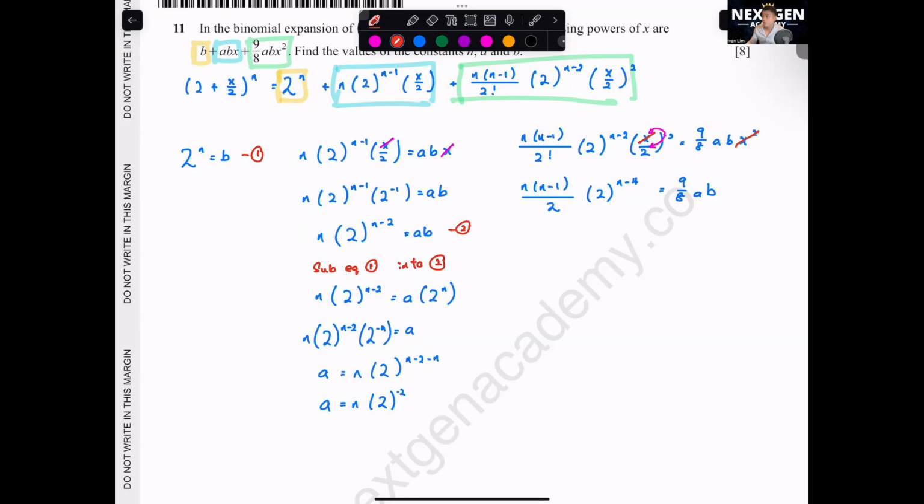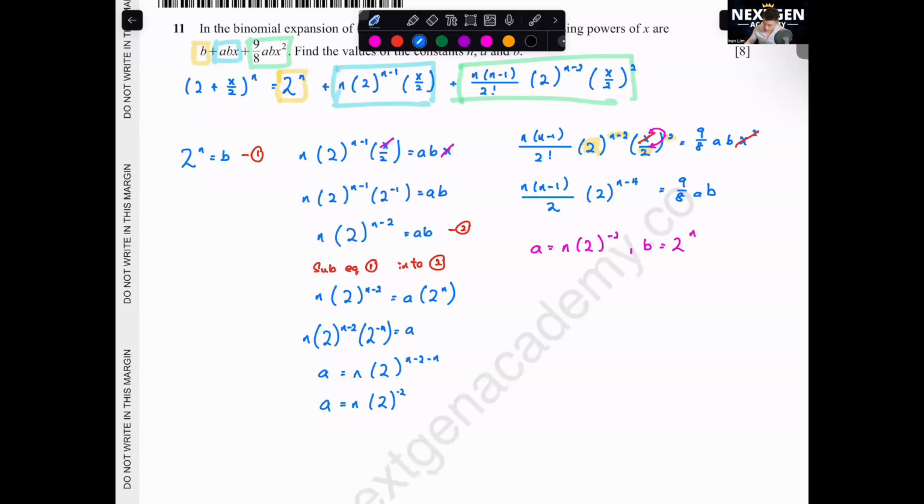Okay, then done over here. This one all simplify with each other, n minus 2 and this 2 squared. Okay, now I want to substitute a is equal to n times 2 to the power of negative 2, then b is equal to 2 to the power of n.